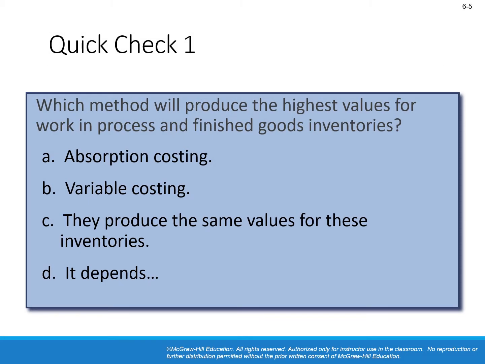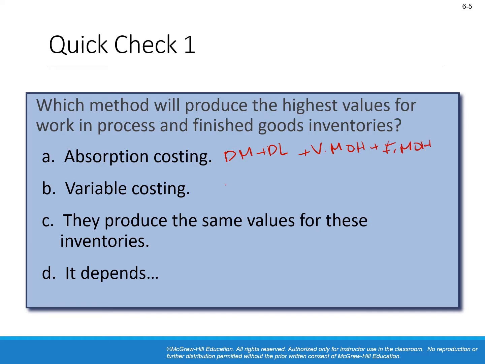So which method will produce the highest values for work in process and finished goods inventories? Absorption, variable, they produce the same values of inventories, or it depends. If you think about it, under absorption costing, the product cost has an additional component. It includes DM, DL, variable manufacturing overhead, and fixed manufacturing overhead.